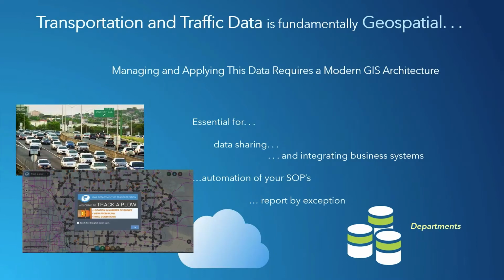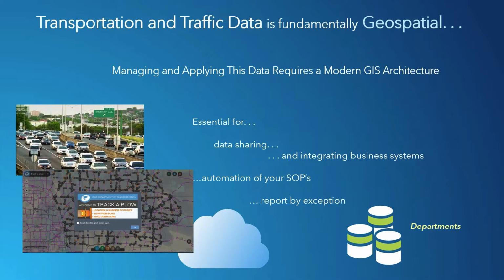So transportation and traffic data is fundamentally geospatial. Managing this data requires modern GIS. Most of the states have access to this software that we're talking about, and you can leverage your existing enterprise agreements.